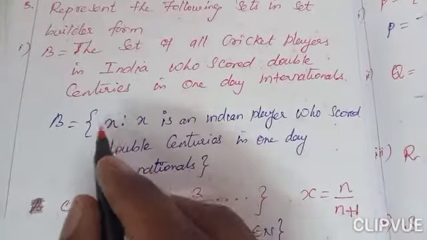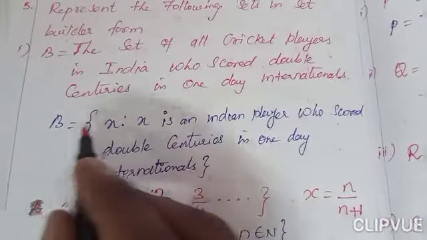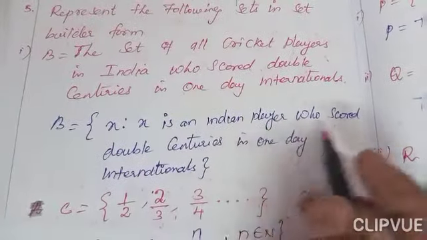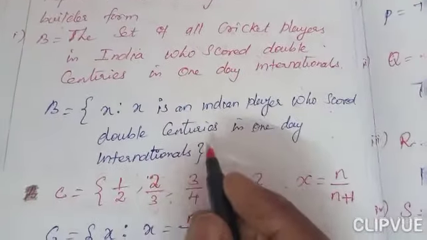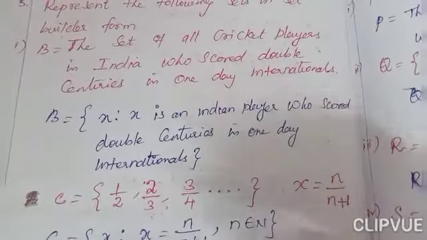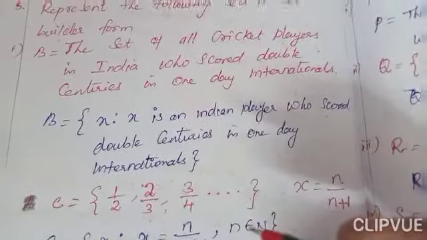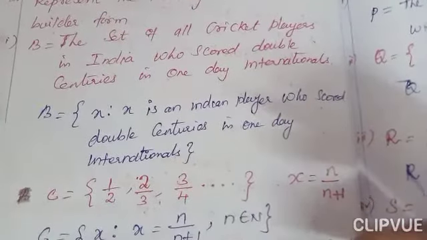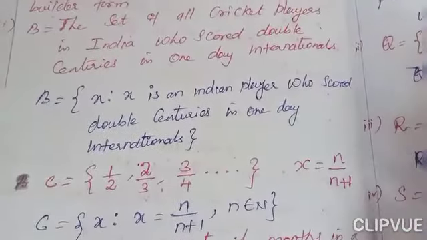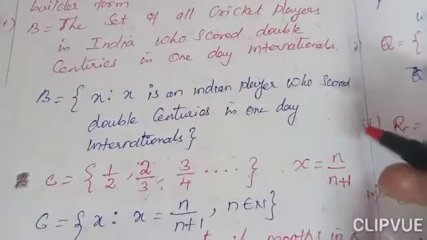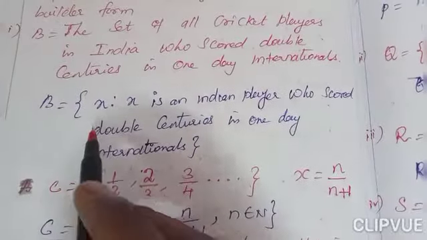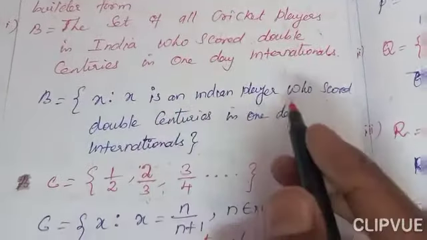This x is an element of set B. So each element of the set is an Indian player who scored double centuries. We know very well a few players: Rohit Sharma, Virender Sehwag, Sachin Tendulkar. These players scored double centuries in one-day internationals. So this method of representing a set is called set builder form.